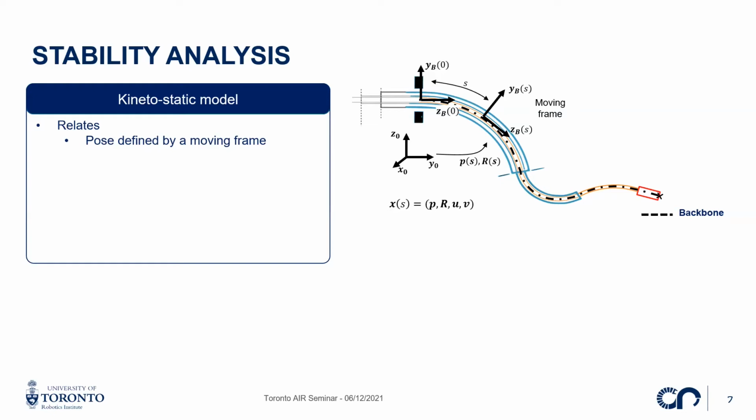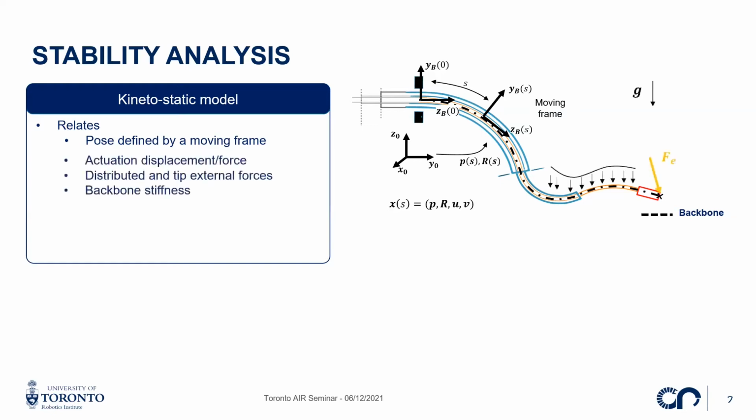Then we need to derive a model that relates this pose to actuation, displacement, and forces, but also external forces, which can be distributed along the structure, such as gravity forces, or very localized at certain points along these robots, such as manipulation forces at the tip.